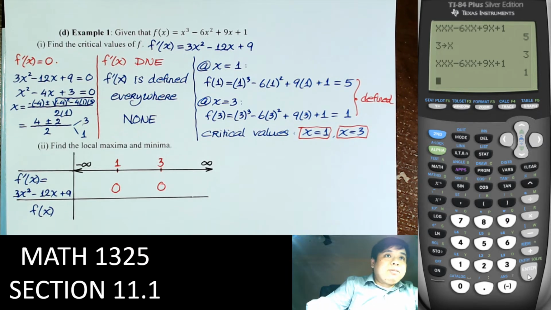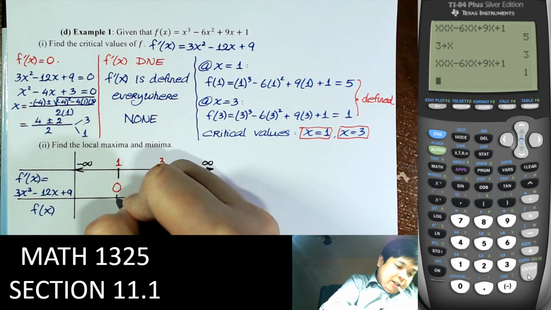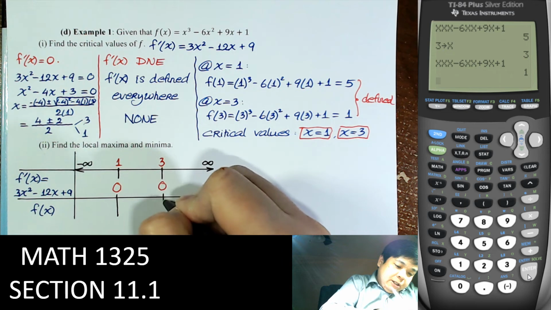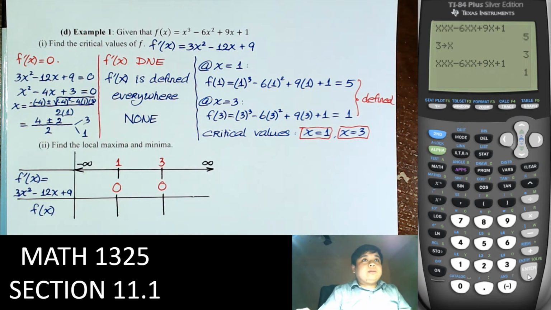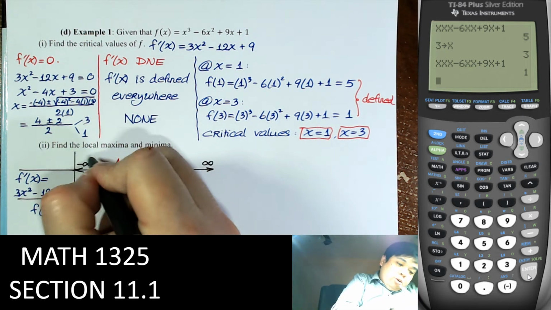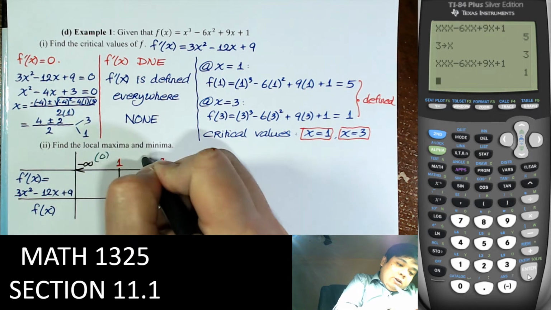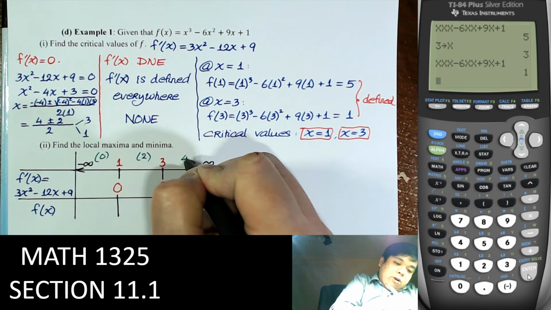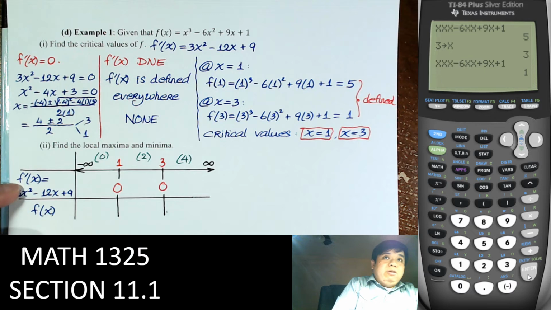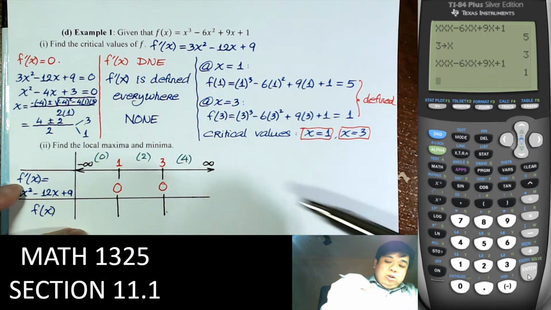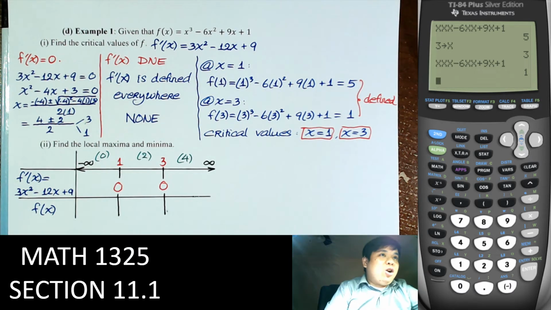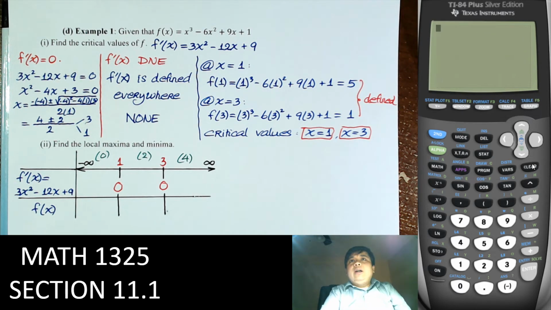Right. And then the test points 0, 2, and 4. The test points use the derivative. The domain we use the original function. The sign chart here is for the derivative.